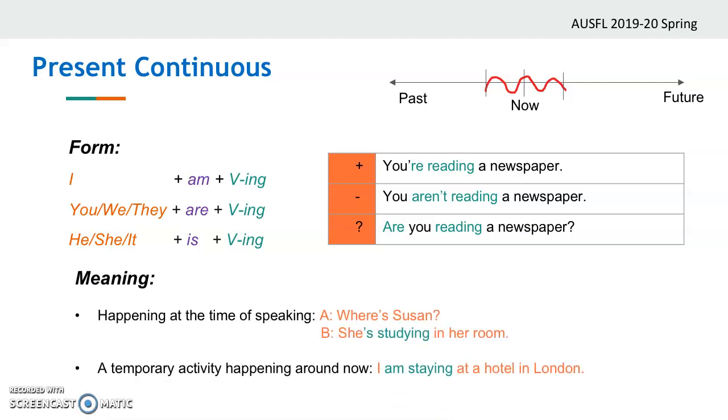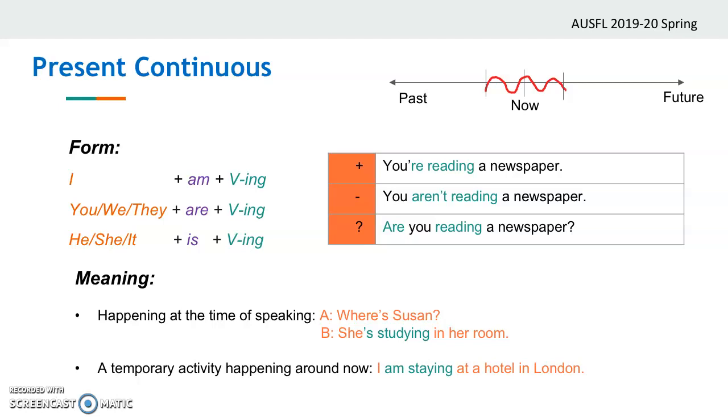Let's look at the meaning of present continuous more closely. We already said that we use the present continuous to talk about actions that are in progress at the time of speaking. That means they are not finished at the time of speaking. For example, where's Susan? She's studying in her room.